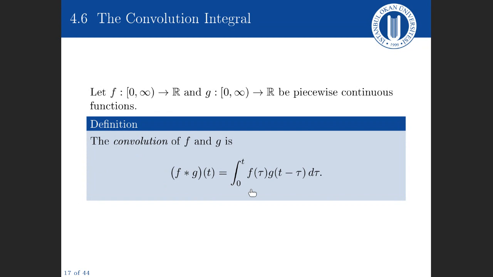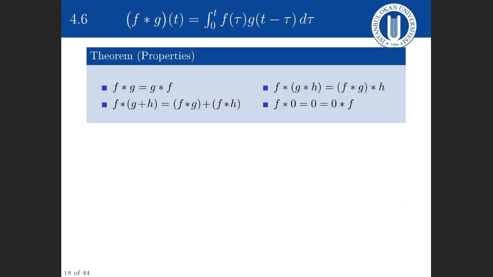And what this means is the integral from 0 to t of f, and then a dummy variable, here I'm using tau, g at t minus tau d tau. Because we're going to be using this a lot, I'm writing this definition at the top of the slides.